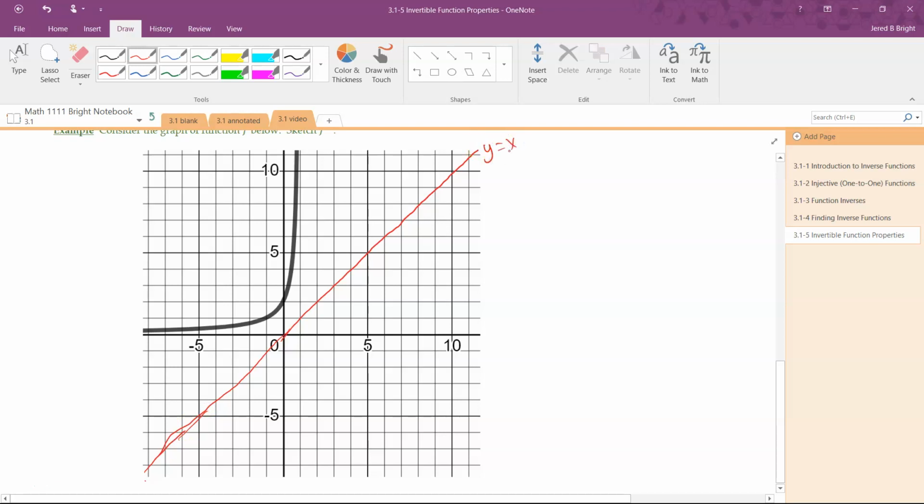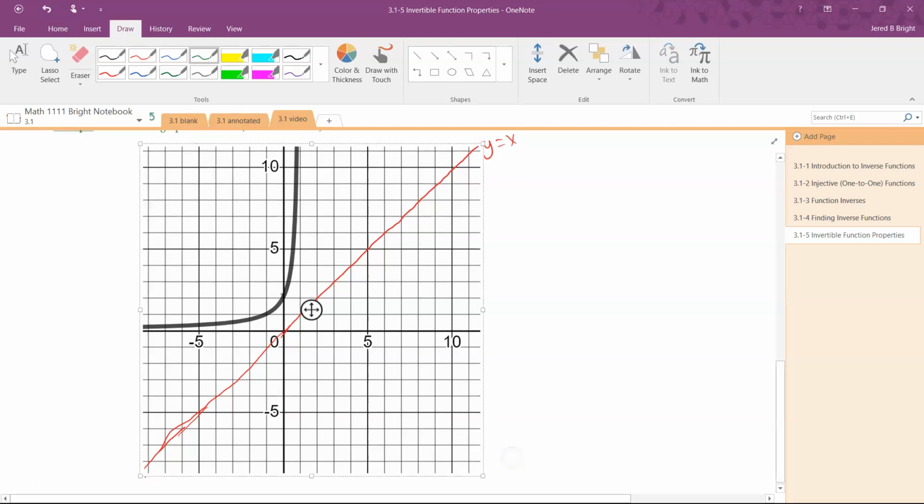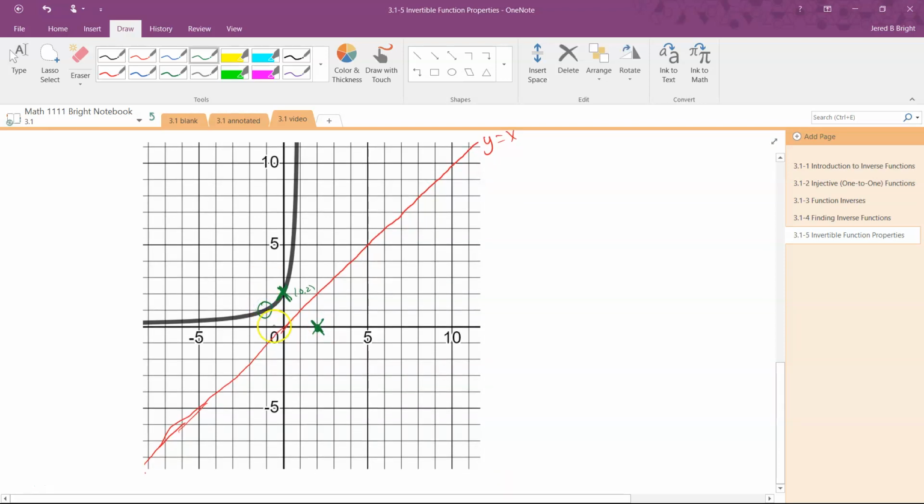It should reflect over this, and you don't really want to just sketch this willy-nilly. It's nice to find some points. So we know this point at (0, 2). Then I'm going to have a point at (2, 0), so that's going to be this one. Then I find another point at (-1, 1). Those coordinates interchange, so I'm at (1, -1) for my new point there.